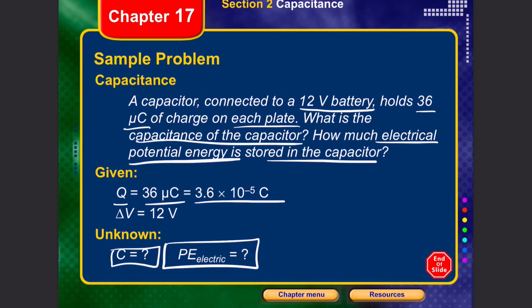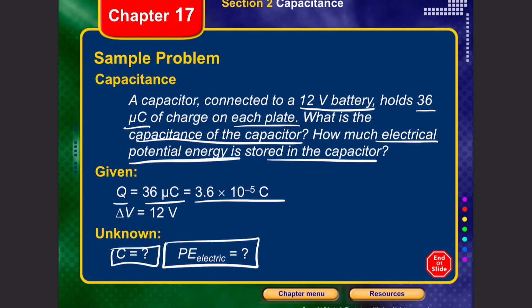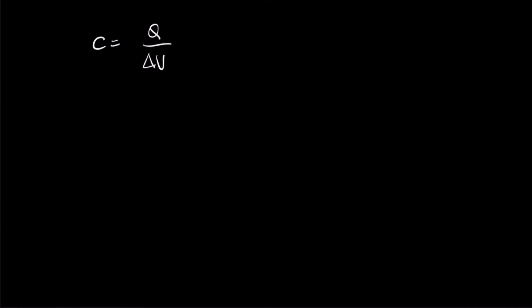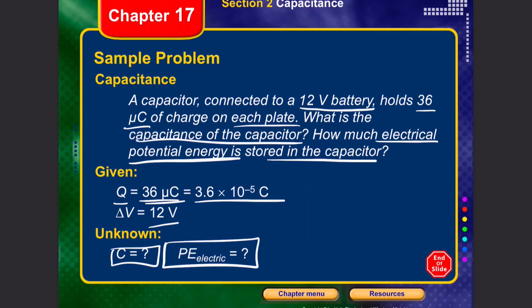Now let's calculate the capacitance. What is the formula for capacitance? Capacitance C equals Q by delta V. Substitute the values of Q and delta V. Q is 36 microcoulomb, which is 3.6 times 10 to the power negative 5, over delta V, which is 12 volts.